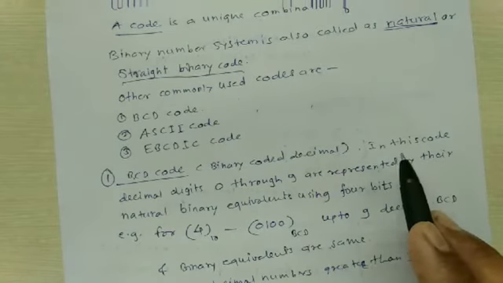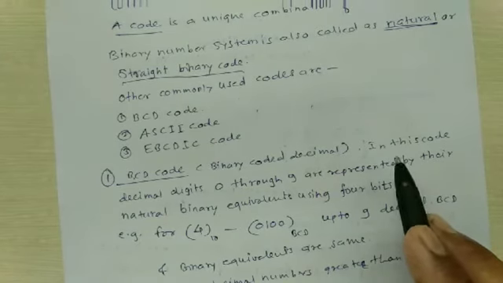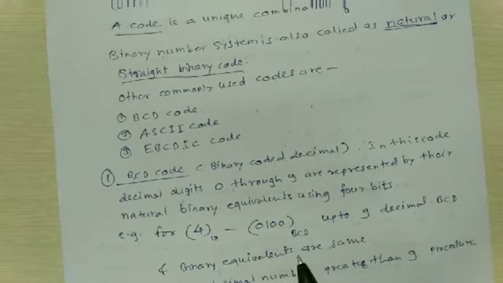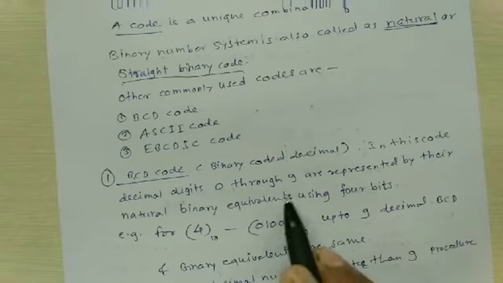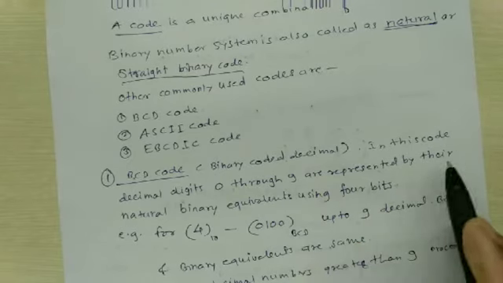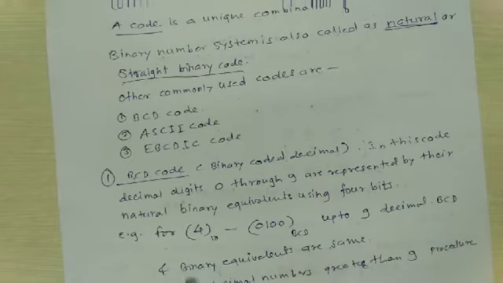It is a binary code. In this code, decimal digits 0 through 9 are represented by their natural binary equivalents using 4 bits.